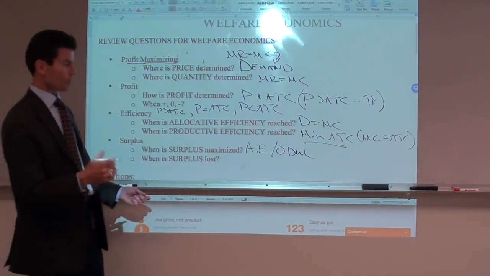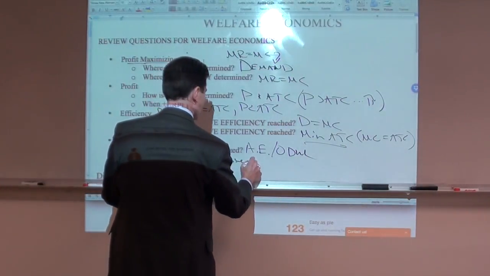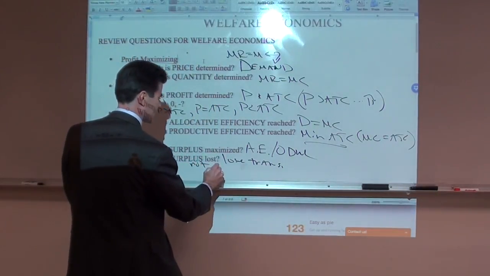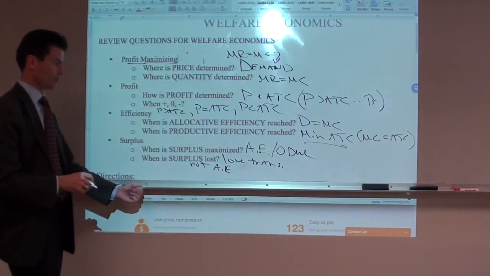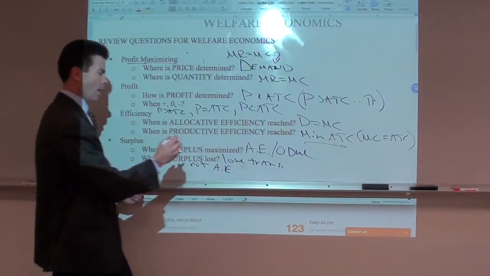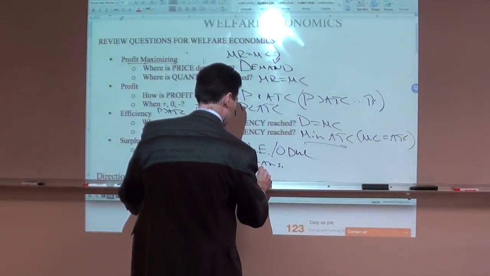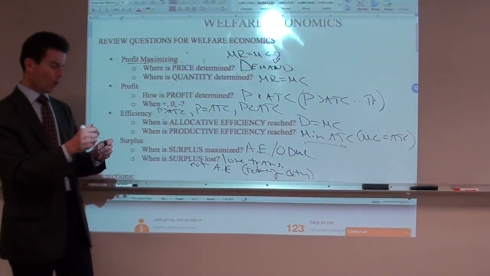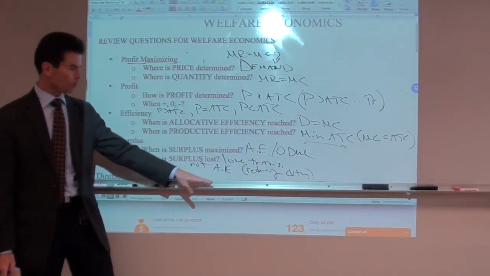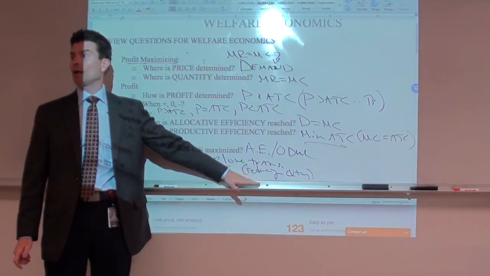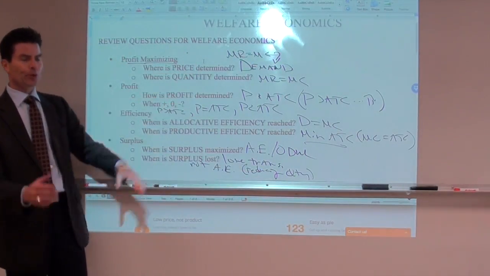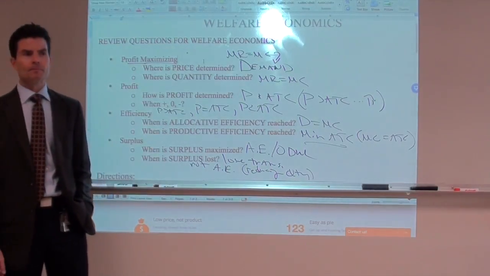Surplus is lost when you lose transactions, or when you are not allocatively efficient, when you are reducing quantity. Any of those is when you lose surplus. Really the main one is when you reduce quantity. These things are the keys for you going on and doing the welfare economics assignment.